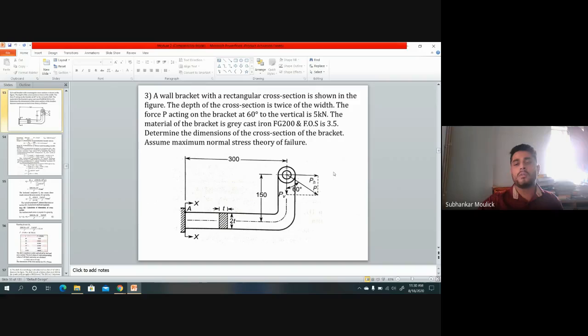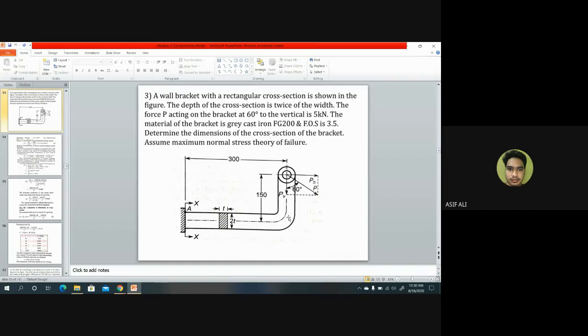One is the horizontal component PH, whose value is P sin 60, and the vertical component PV, whose value is P cos 60. Why is PV equal to P cos 60? Because 60 degrees is with respect to the vertical. Is it clear?